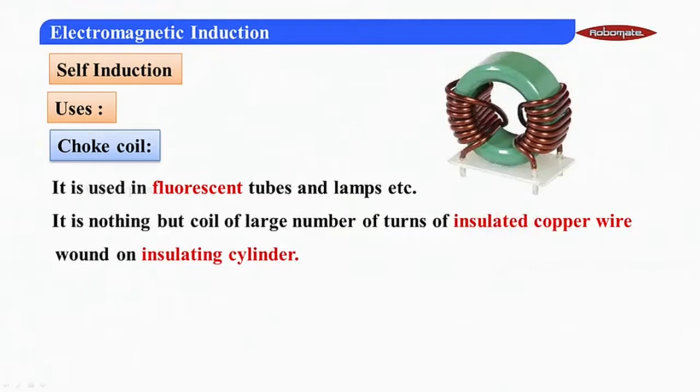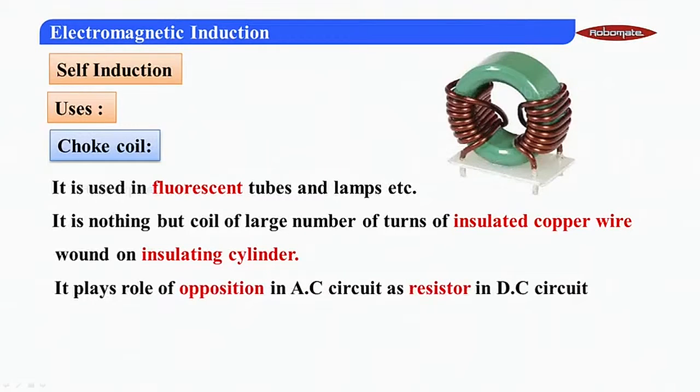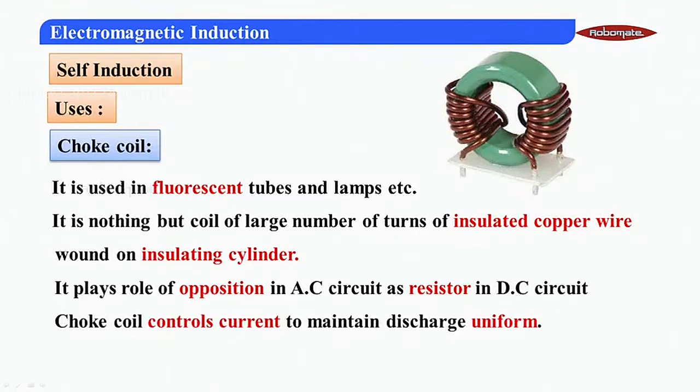Now students, this device called a choke coil basically acts as opposition to an AC circuit, the way a resistor acts in a DC circuit. It is basically used to control the value of current so that we can maintain the discharge uniform.